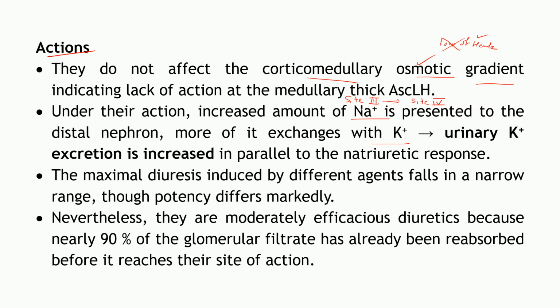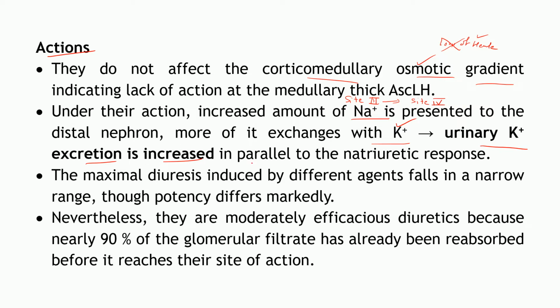Now since the transporters in site 3 are inhibited, whatever sodium is not getting reabsorbed at this site will be presented to site 4. So more and more sodium will be exchanged with the K plus ions, potassium ions. So what will happen? The urinary excretion of potassium ions will be increased. Naturally, more and more potassium will be secreted into the tubules.